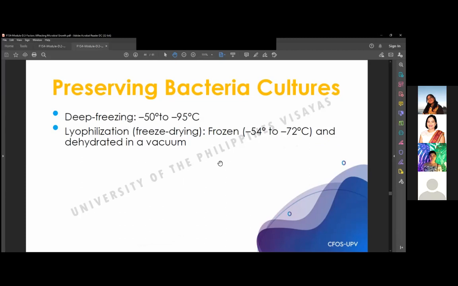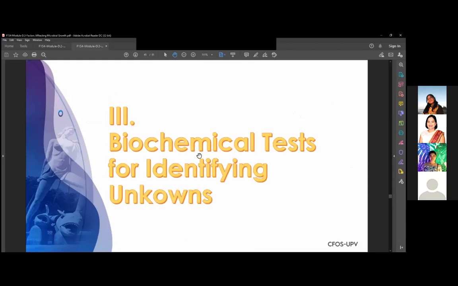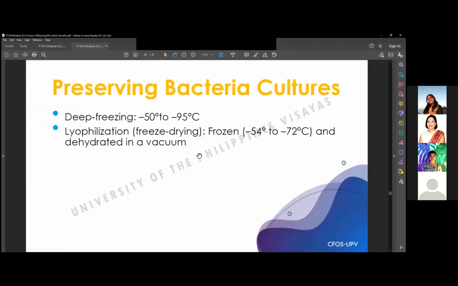This is how you preserve your bacteria. You store it at negative 50 to negative 95 degrees Celsius. But prior to that, you have to add a cryoprotectant agent. Our cryoprotectant agents can be DMSO or glycerol. The purpose is to prevent cellular damage during storage at very low temperature.